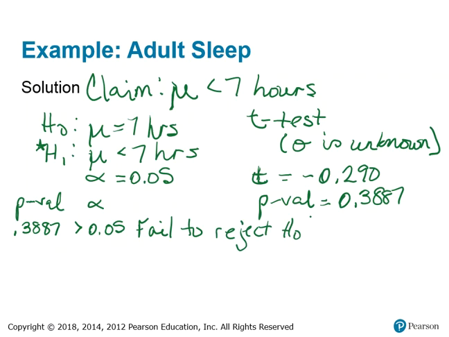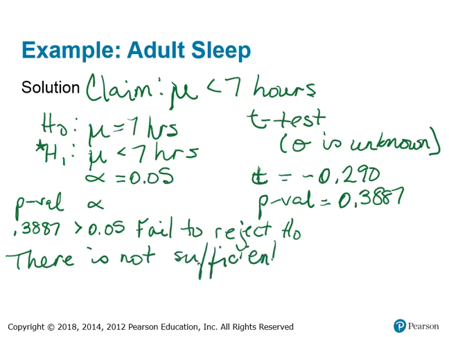So how do I write that statement? As I look at this, my claim was not with the equality, it was with the other one. And I did not reject the null, so therefore there is not sufficient evidence. And make sure you can write this final statement.